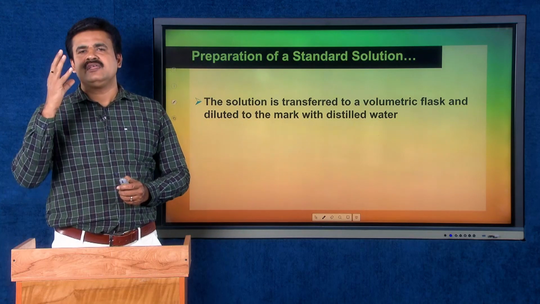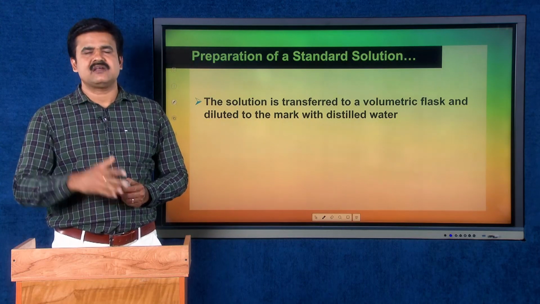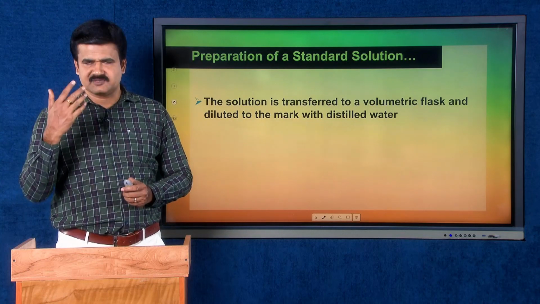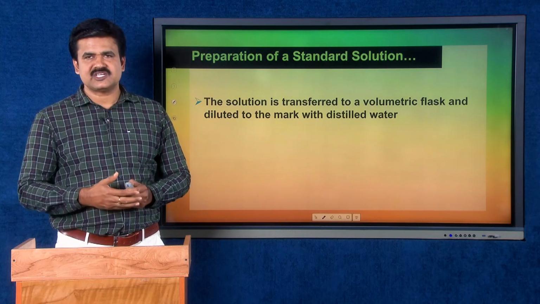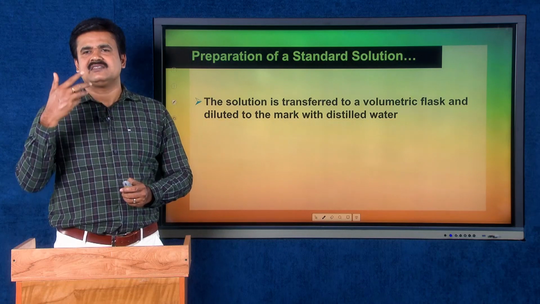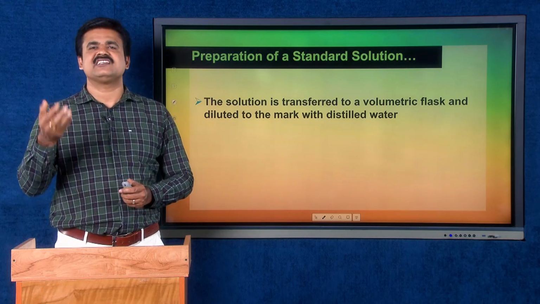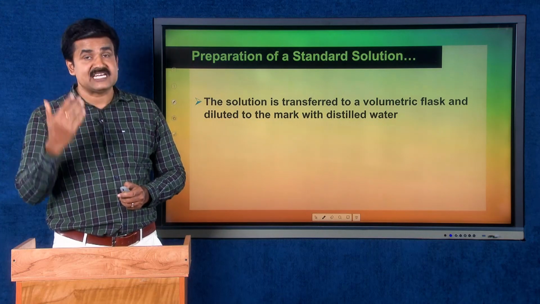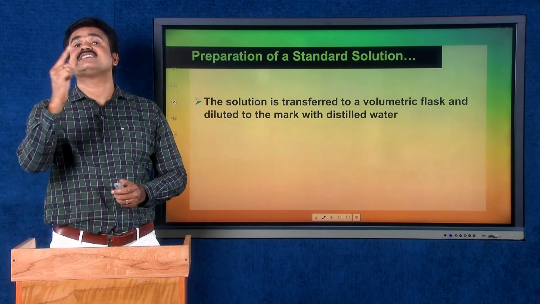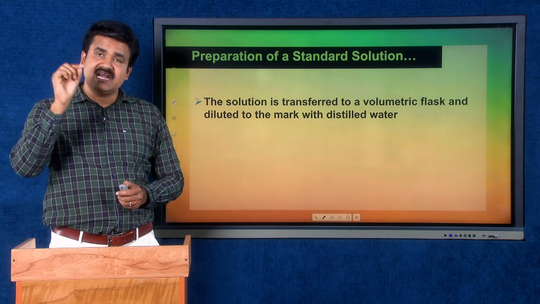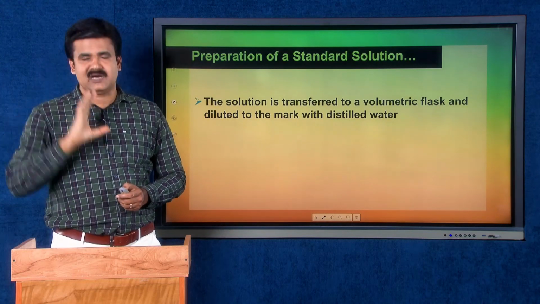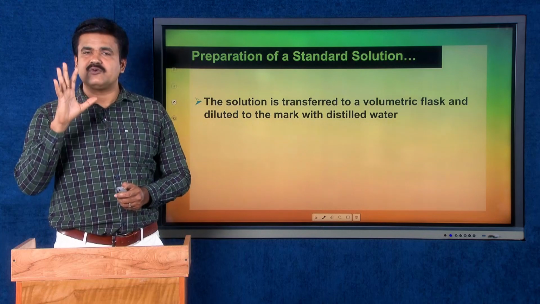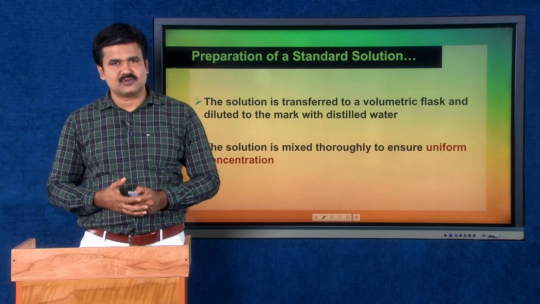That means, if you wish to prepare 250 ml of a solution, a fixed quantity of the primary standard is weighed out and dissolved in some amount of water. It is then transferred into a 250 ml standard flask or volumetric flask. There is a marking, and you have to add extra water and make up to the mark. This is the procedure for the preparation of a standard solution.